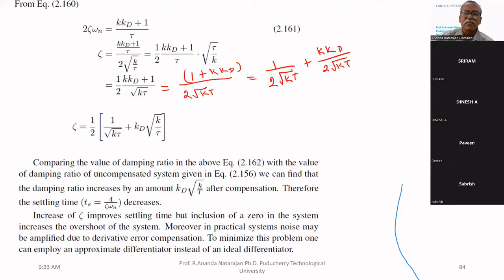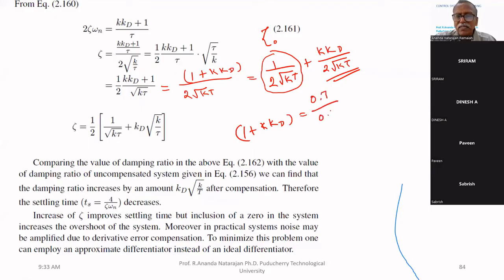So some quantity is added to the original zeta, meaning zeta is increased. If you want to increase from 0.3 to 0.7, 1 plus K KD must be equal to 0.7 by 0.3. That's all. Then automatically it becomes 0.7. That is the advantage.